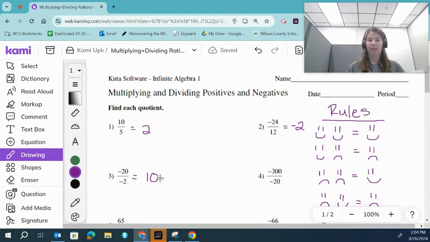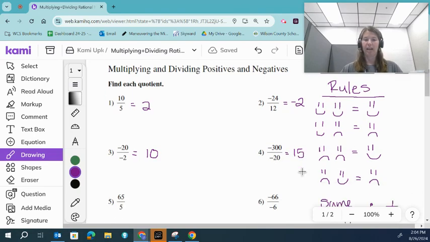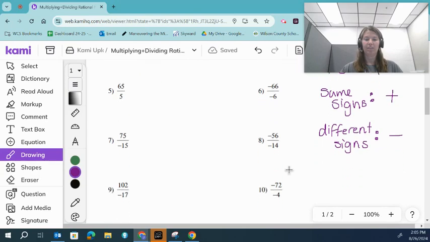Number 4, negative divided by a negative. Again, positive solution. You have negative 300 divided by negative 20. That is going to give you a positive 15. There are several more examples that you can try here.